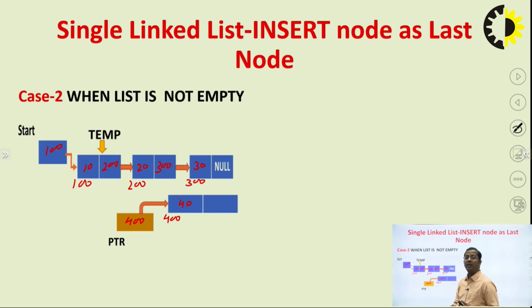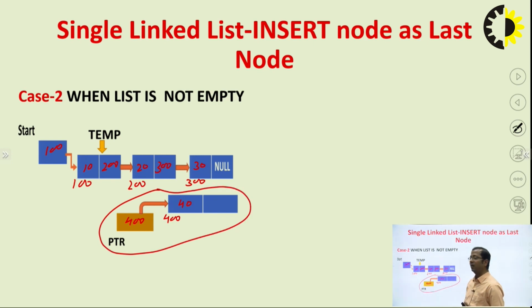Again repeat the same procedure: allocate a new node from the available free memory, okay, and write PTR arrow next equals to null, because it is the last node.